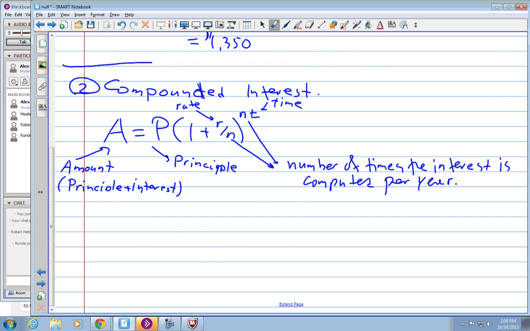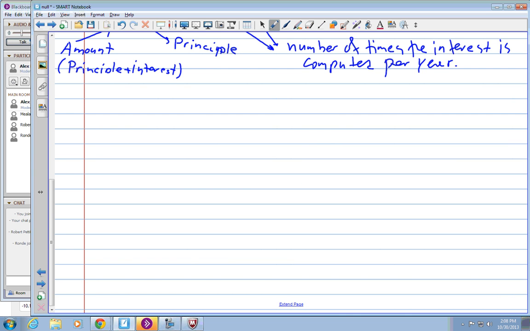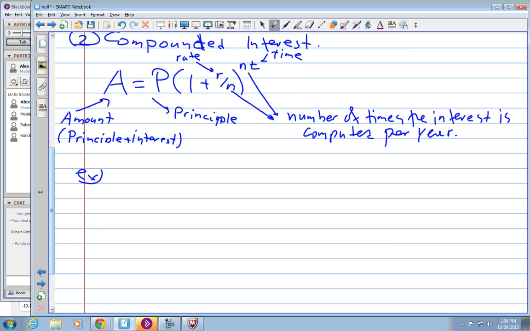Okay? So if I do the same problem, invest $1,000 at 3.5% rate for 10 years, but the interest is being compounded at the end of each year. So compounded annually.